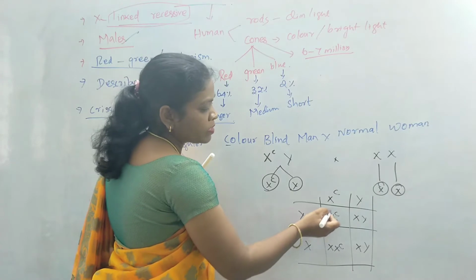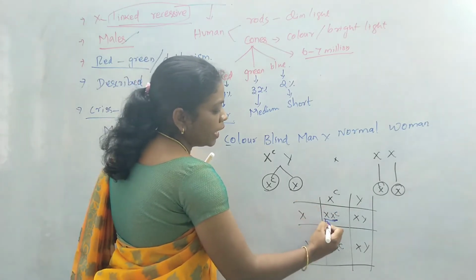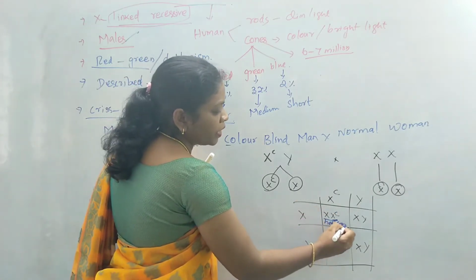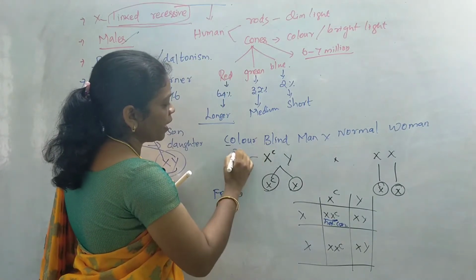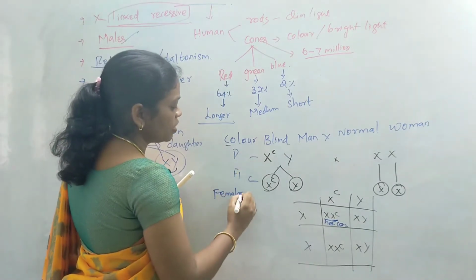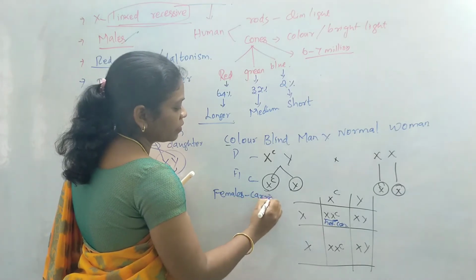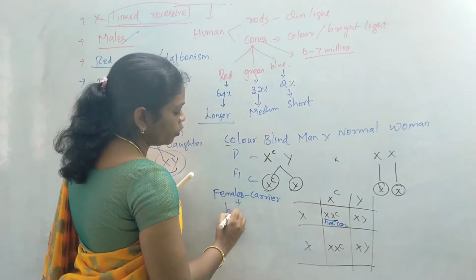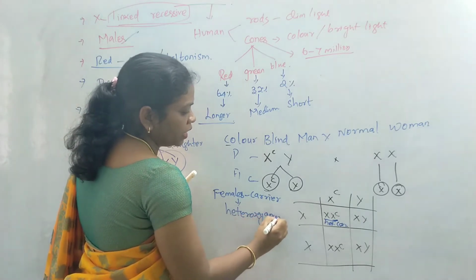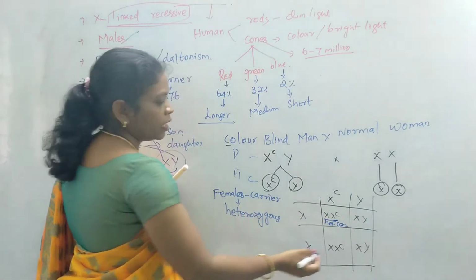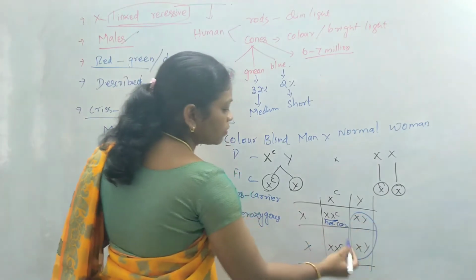The other X chromosome will suppress this one, so they become heterozygous carriers. This is the parent generation, this is the F1 generation. The females are carriers, heterozygous for this disease. They will not express the disease, but they carry the disease-causing factor. Here the males are normal.